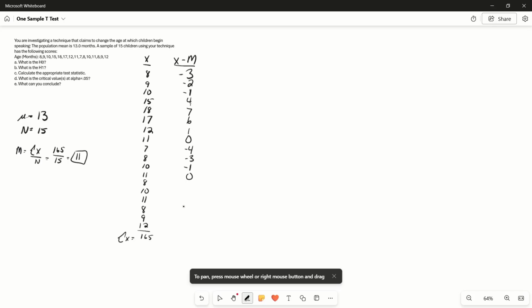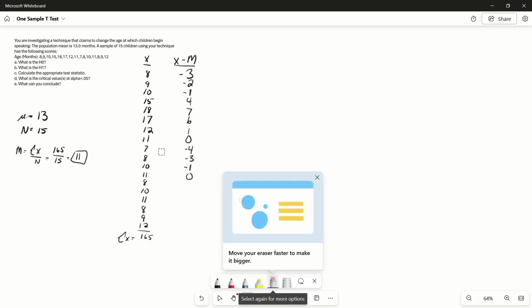Okay, so it seems like I added too many scores here. So we're just going to subtract the excess scores. As I was moving down, I duplicated some of these scores here. So I'm just going to erase this column for now. We're going to do it again here.